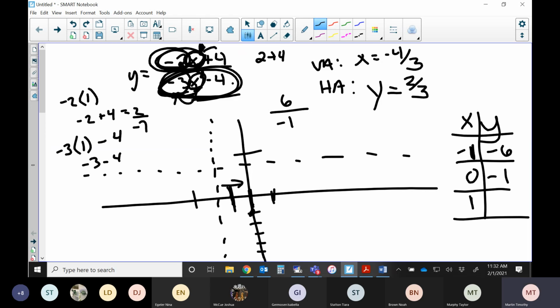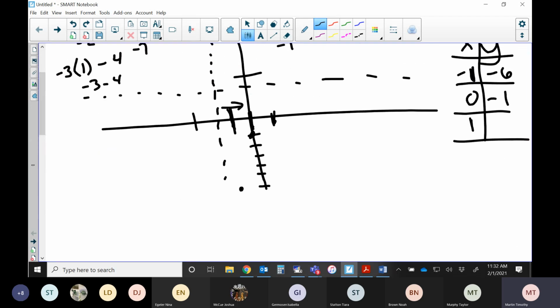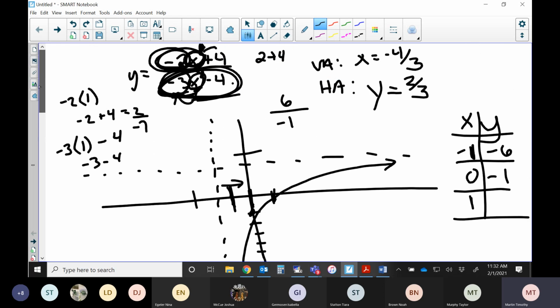So it'd be somewhere right in here. And eventually this thing is going to get like this. And we know it's going to chase the asymptotes. Now I need the other side of the asymptote. So if this is -1, then I'm going to use -2, -3, and -4, and I'm plugging those in.